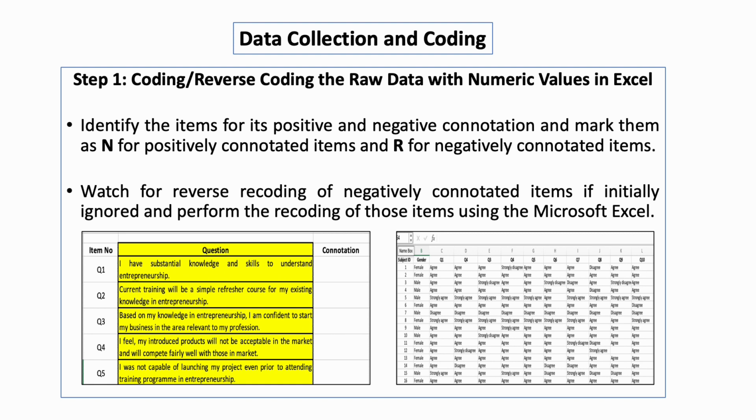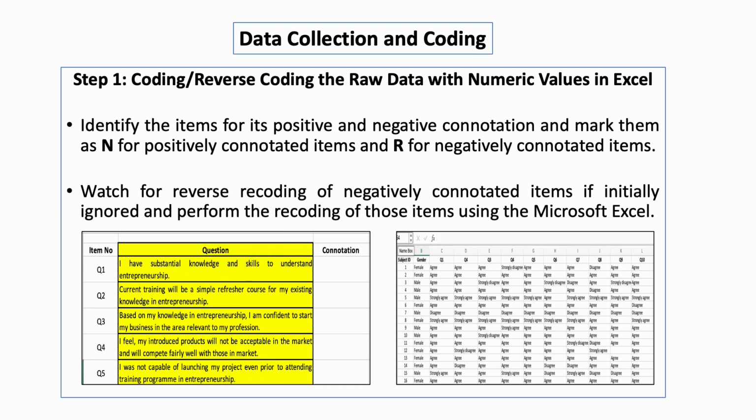Reverse coding and the raw data with numeric values in Excel is very, very important. So you carefully look into the items and define each item for its positive or negative connotation, and mark them as normal for positive connotation and item R for the negative connotations.